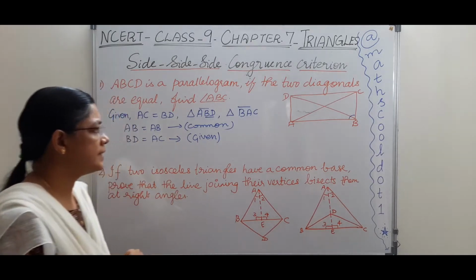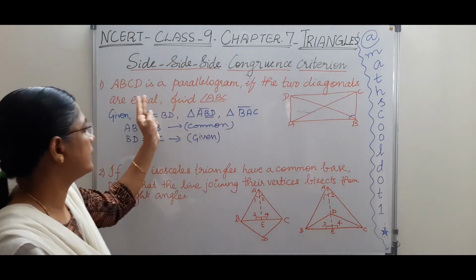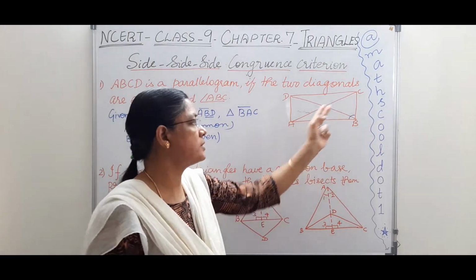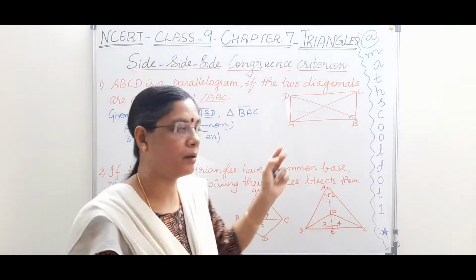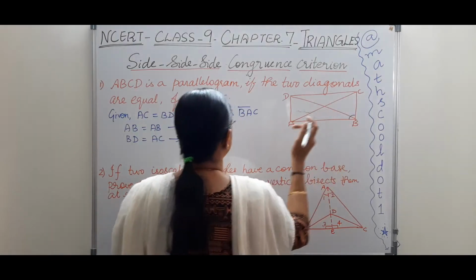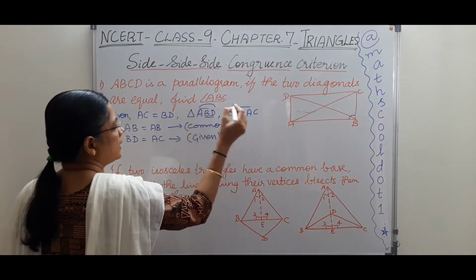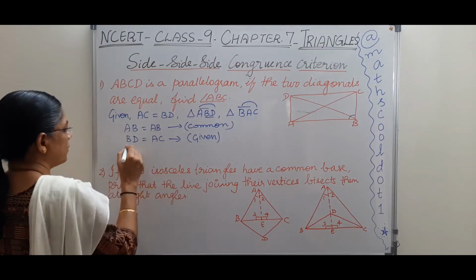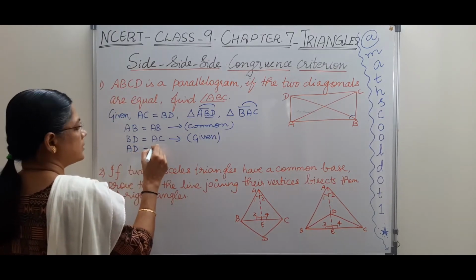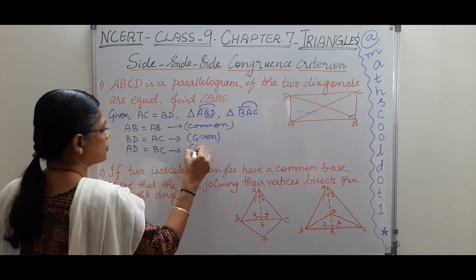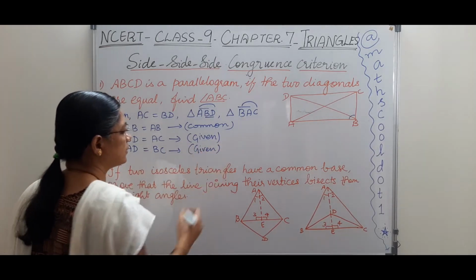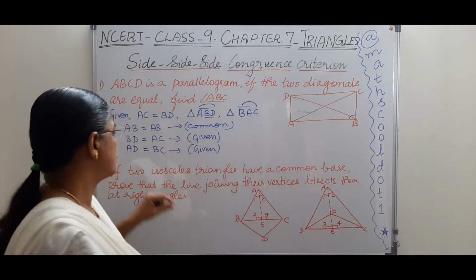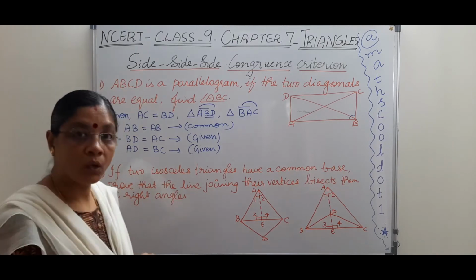And since they have given that ABCD is a parallelogram, opposite sides are equal and parallel, right? So what about AD and BC? Those two are also equal. That is, AD is equal to BC, which is also a given condition since it is a parallelogram. So 3 sides are equal here.